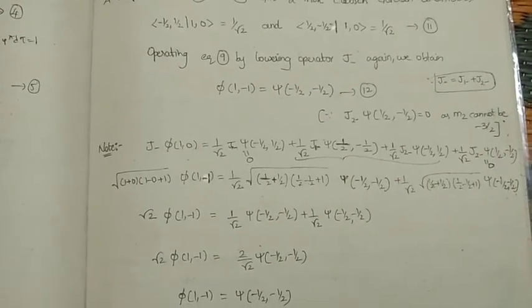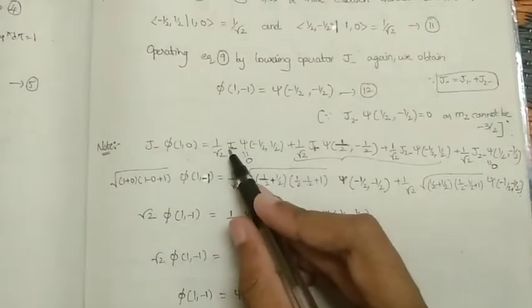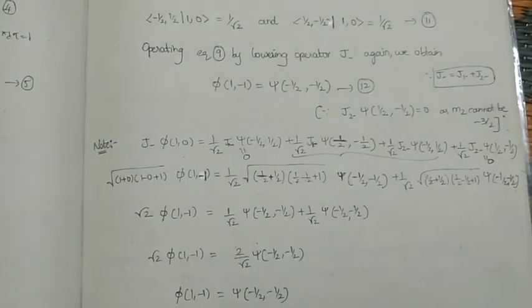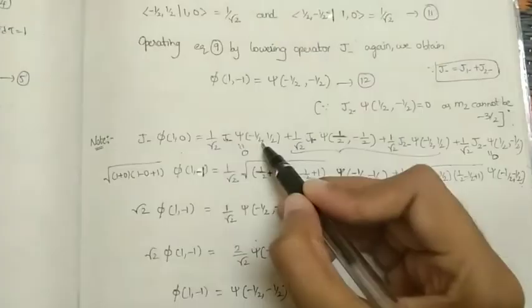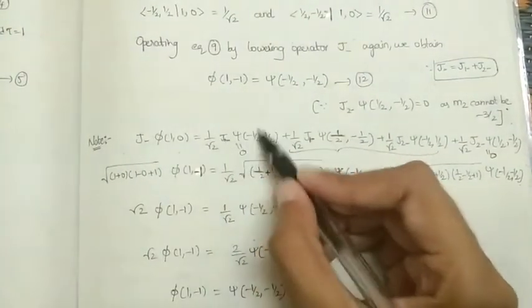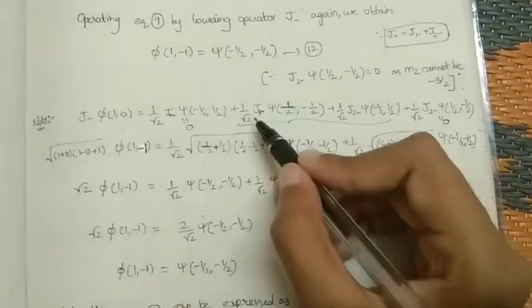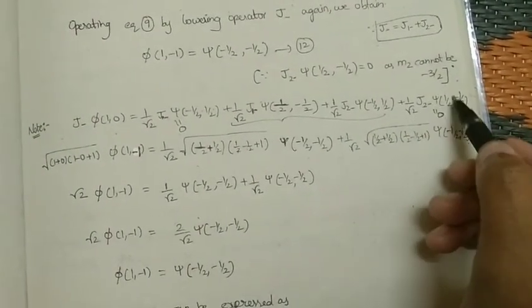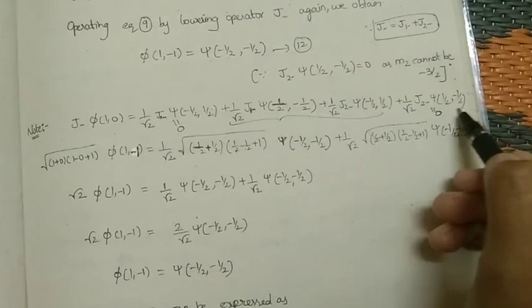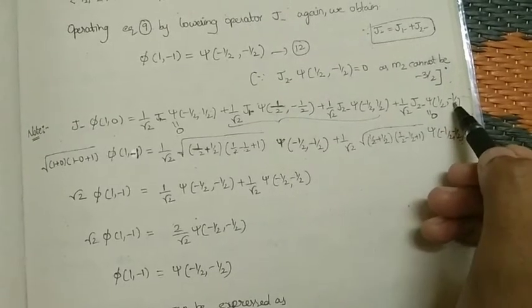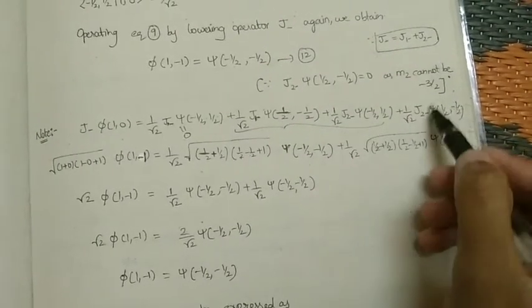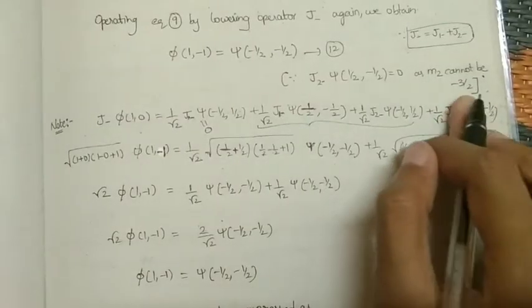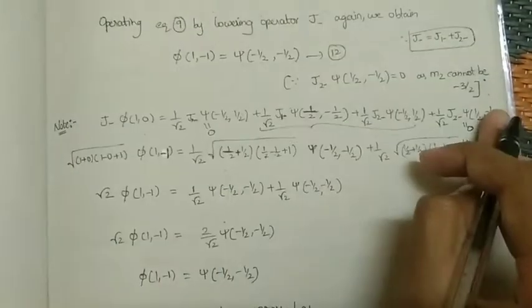There are no 3 by 2 values. So if we operate this, it reduces the value of m1 by 1, so minus half minus 1 is minus 3 by 2, so that is not possible, hence this term becomes 0. And in the same way here also j2 minus will operate on this, it reduces the value of m2 by 1, minus half minus 1 is minus 3 by 2, so this is also not possible, hence this term would become 0.